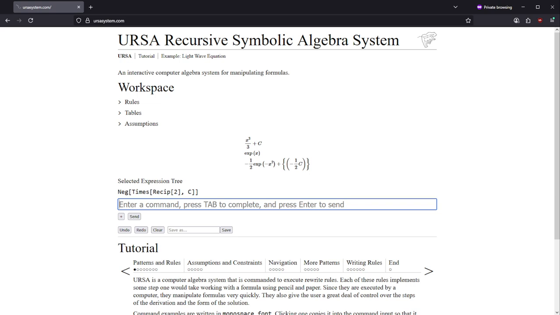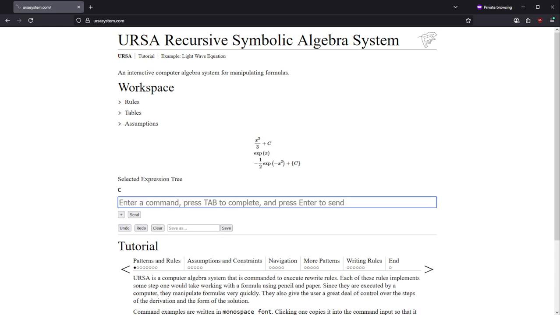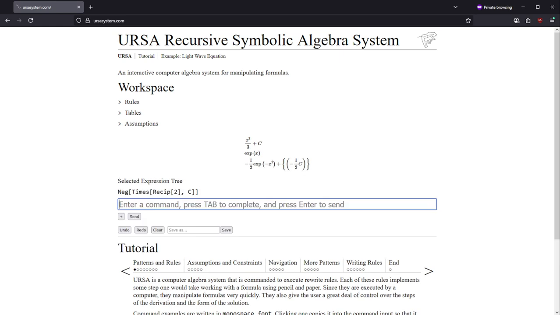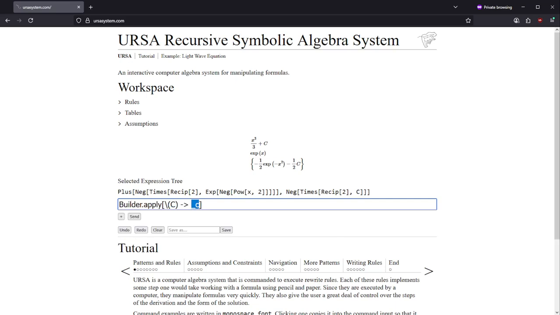And we can clean this up a little bit in a couple different ways. One way is that we can just use the builder.set rule to replace it with c. But if we had multiple c's in the formula and we wanted to be a little bit more careful, another way that we could do it is we could use builder.apply to take c and replace it with minus 2 times c.